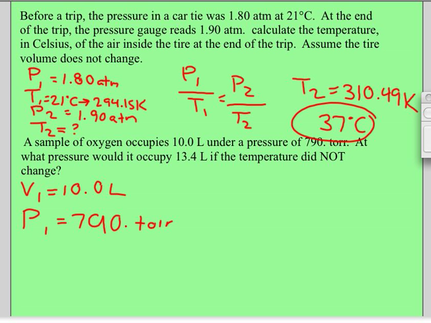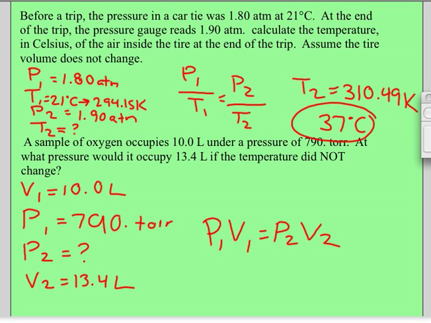So our P2 we don't know, and our V2 is 13.4 liters. So we're going to use the equation P1 V1 equals P2 V2 to solve it. And when we're all done, we solve for P2. We should get, with sig figs, 590 torr.